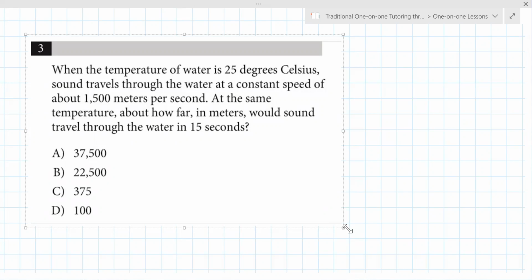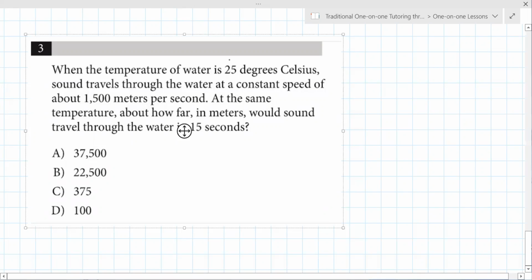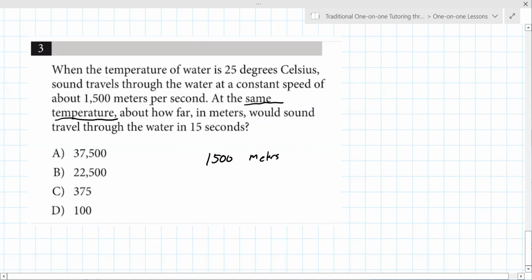Okay. Have you finished reading it? Yes. Okay. Is the 25 degrees Celsius useful information? Not really. No, because it's the same temperature. So it's unnecessary. It's 1500 meters. And then the word per means division, per second.